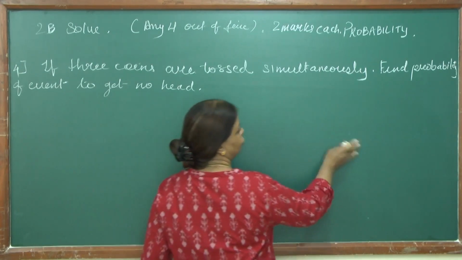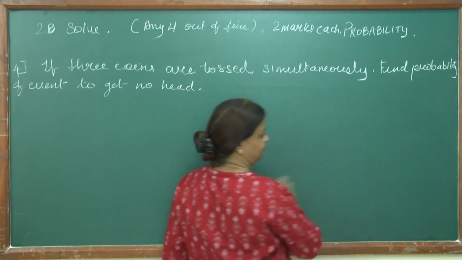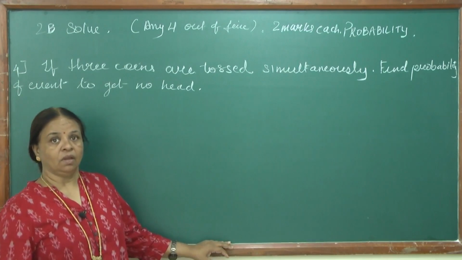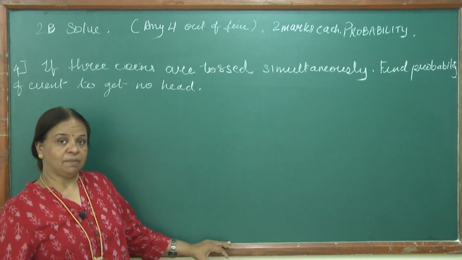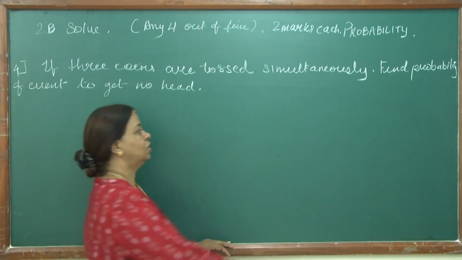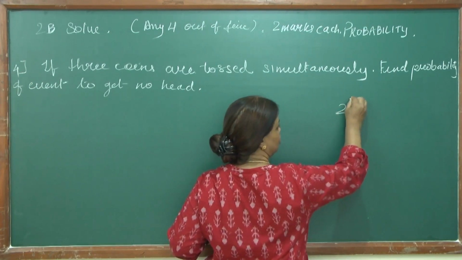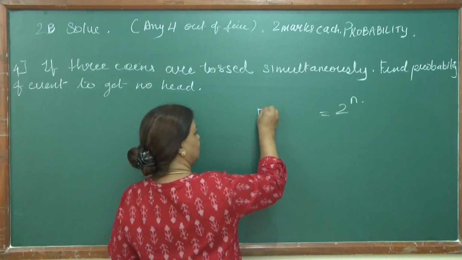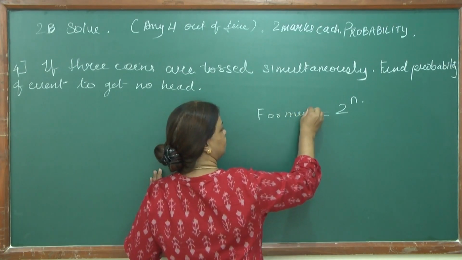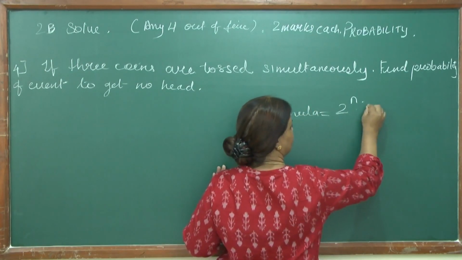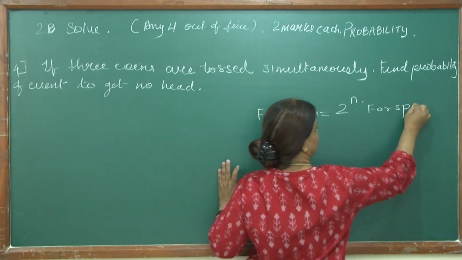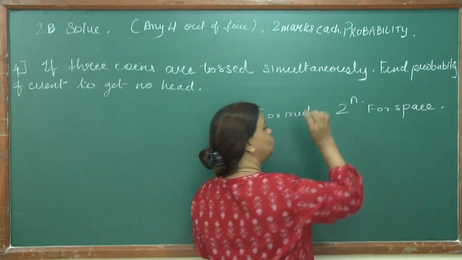For any number of coins tossed, what will be the number of sample space? The formula for writing the sample space is 2 raised to n. Remember this. This is the formula for sample space.